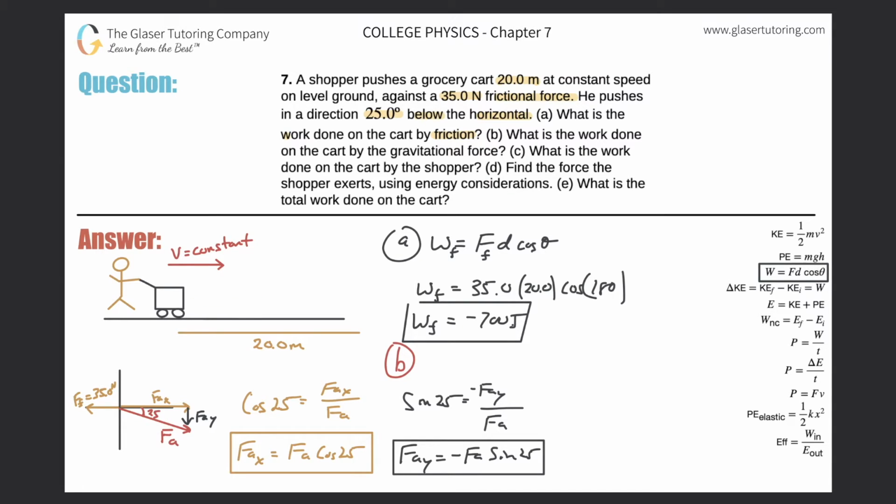Okay, so that's the direction I'm concerned about. All right, things going on in the x direction. So what is the work done on the cart by the gravitational force? 0. Okay, cool.